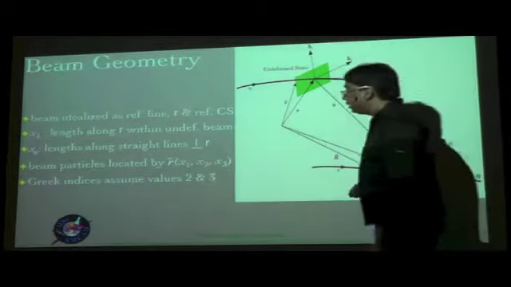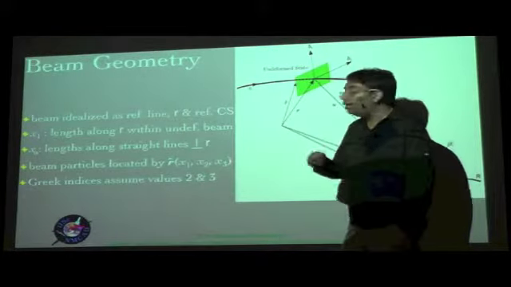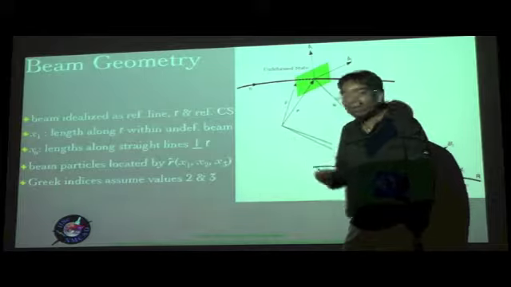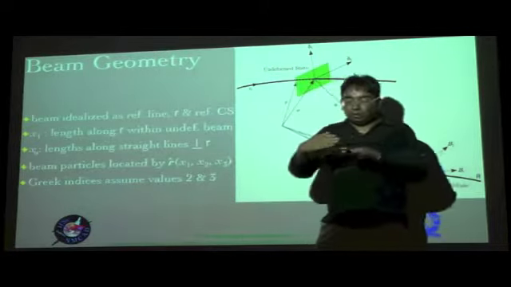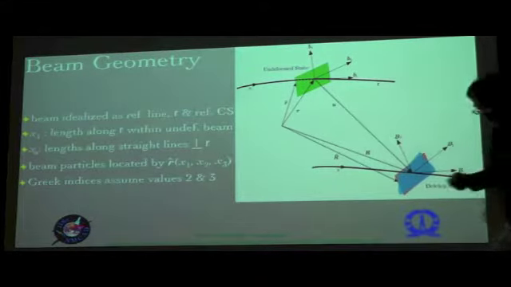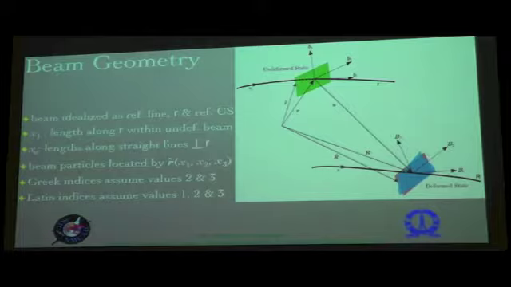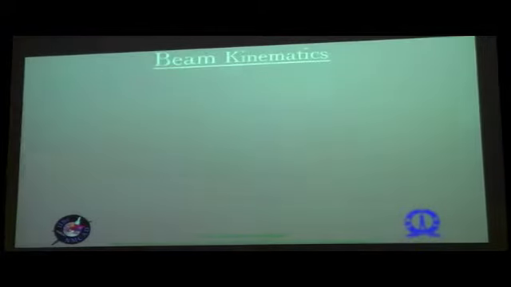The Greek indices, as we already mentioned, like alpha, beta, gamma, etc., if we use them as subscripts, will vary between 2 and 3, which are the cross-sectional coordinates. Remember x2 and x3. That's why you have b2 and b3 there as well. And the Latin indices like I, J, K, etc. will vary between 1, 2 and 3. The repeated indices will be summed over their ranges by default.